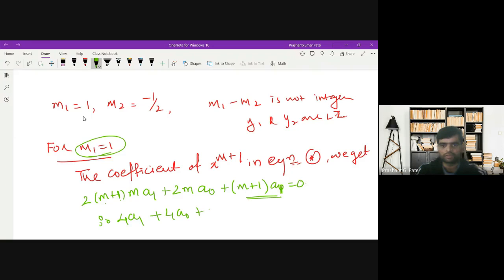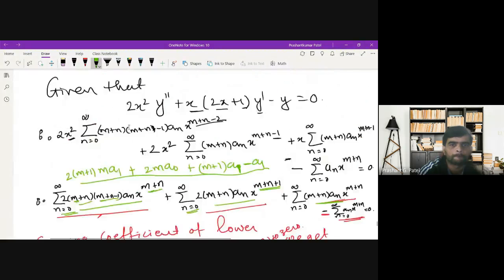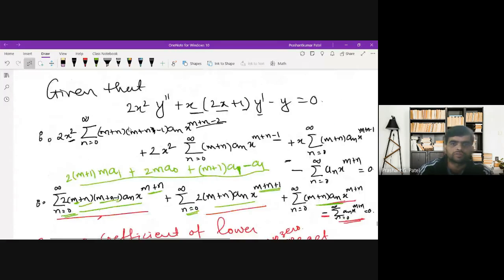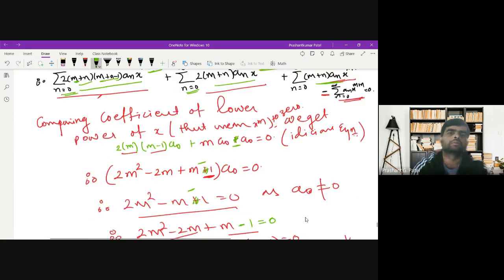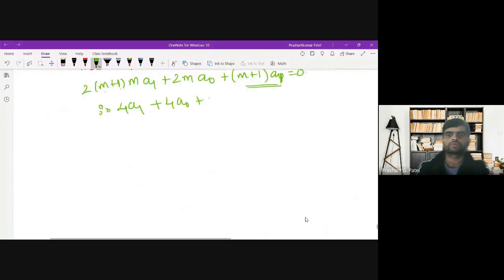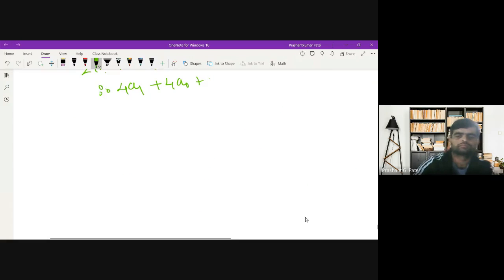Let me check what I forgot. So it is m plus 1 a1, minus a1 is there. So that minus a1 I have forgotten.